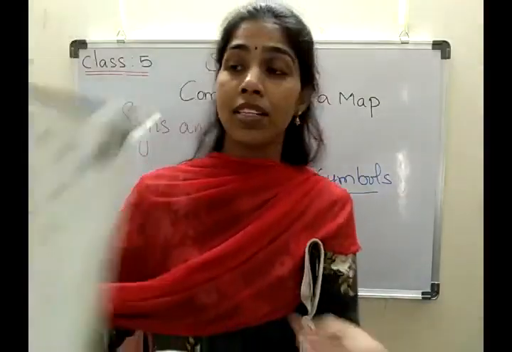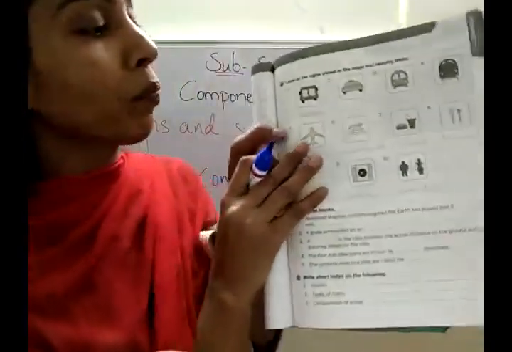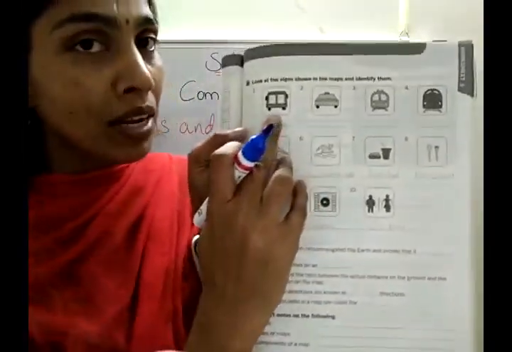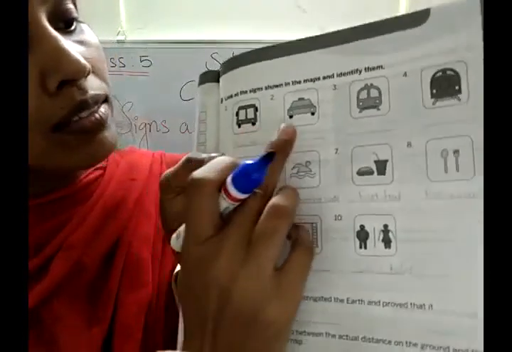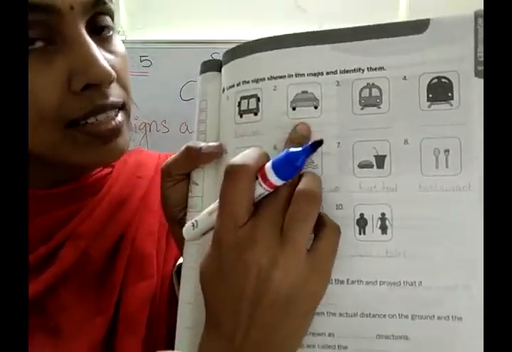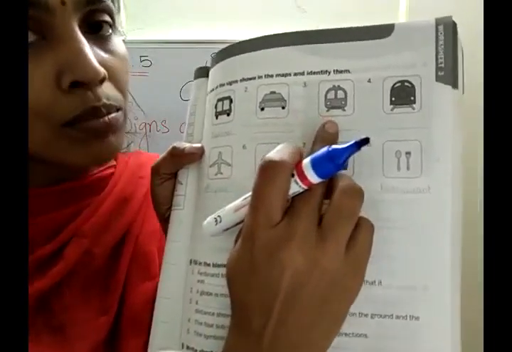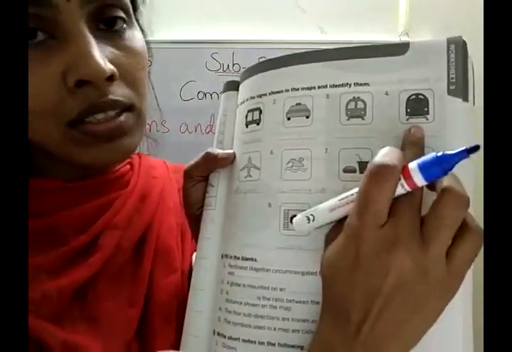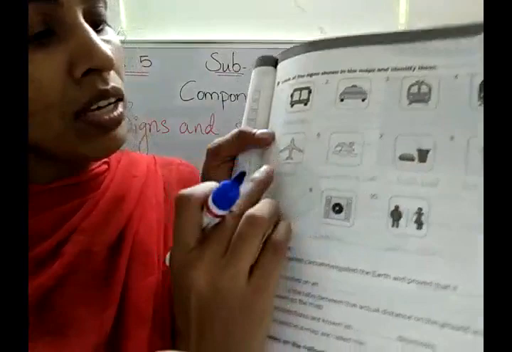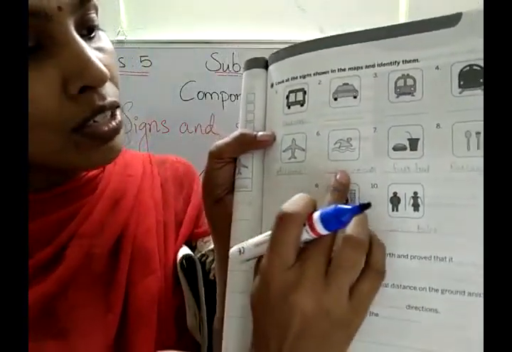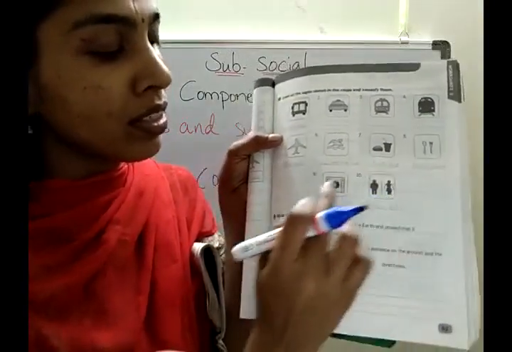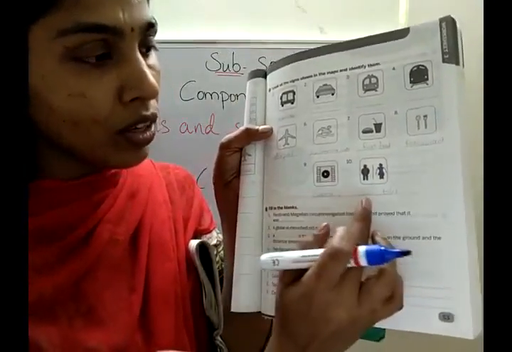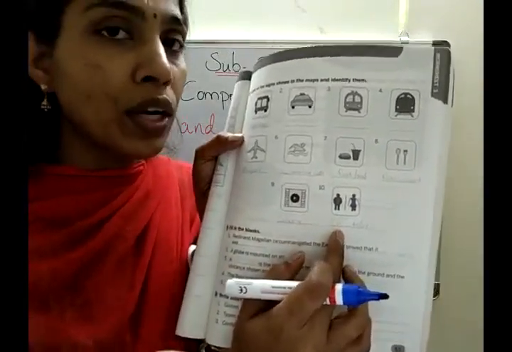I'll show you symbols children. Look at here. What is this symbol? Very good. It indicates bus stop. This is taxi stand, and metro station, railway station, airport, swimming pool, fast food, restaurant, cinema theater, and public toilets.